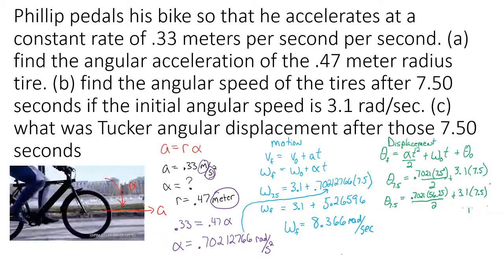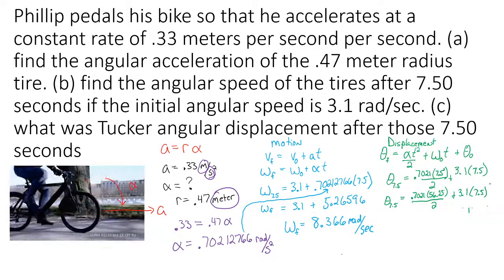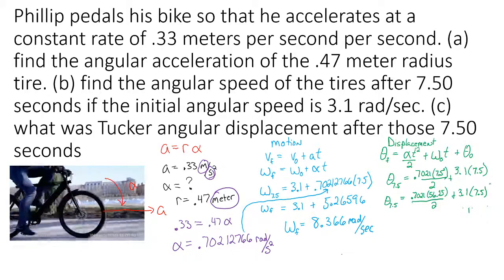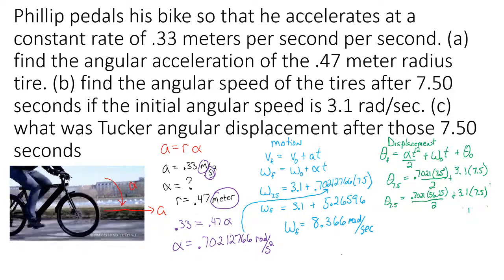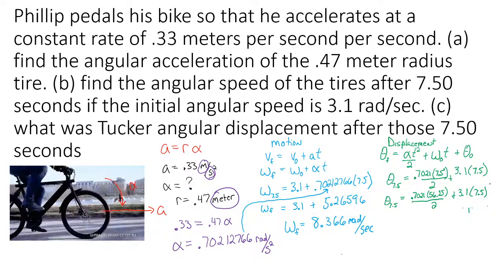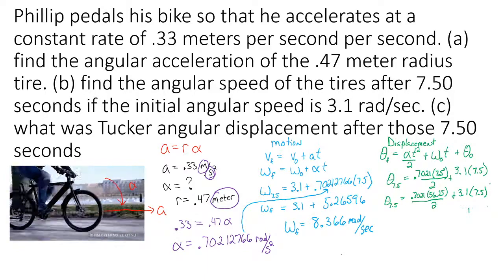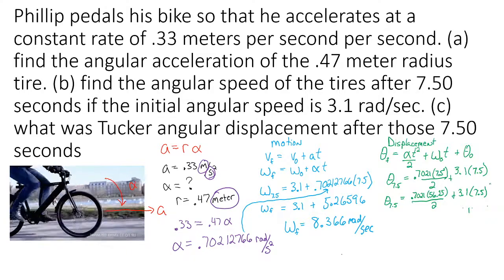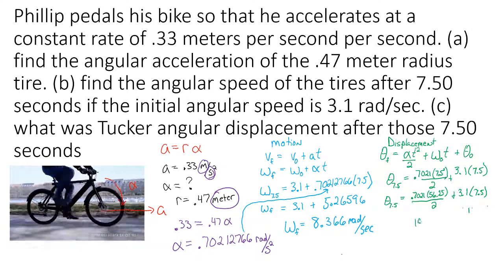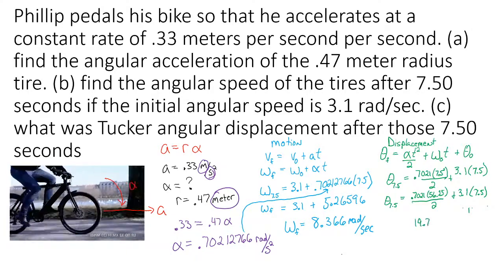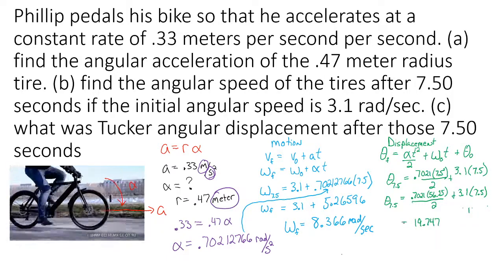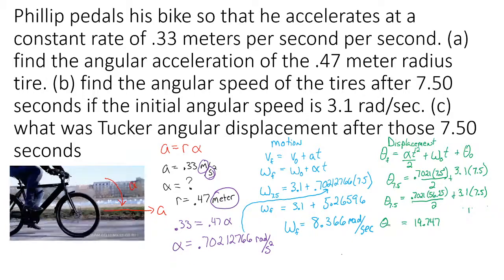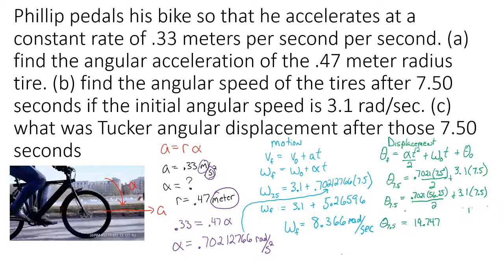Okay, now what I'd like to do is all my multiplication and division. So I'm going to take my 56.25, multiply it by 0.7021, and then divide that by 2 to get 19.747, because I'm looking for the angular displacement after 7.5 seconds.